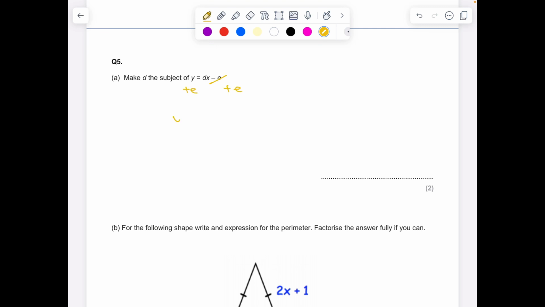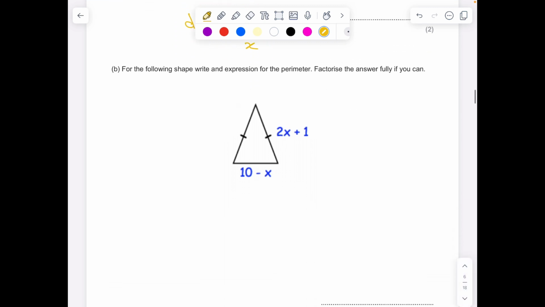And so I get Y plus E equals D times X. Now I still want to leave D by itself, so I'm going to undo the times by X by dividing by X. And so I get that D equals Y plus E over X. And that's it.